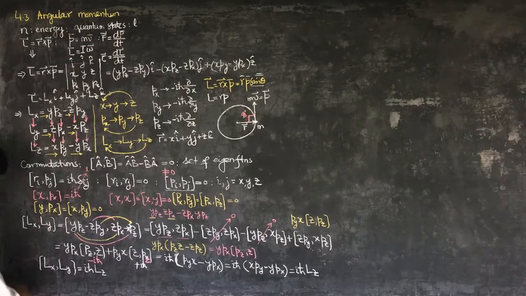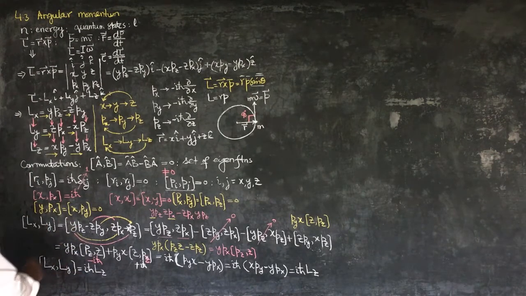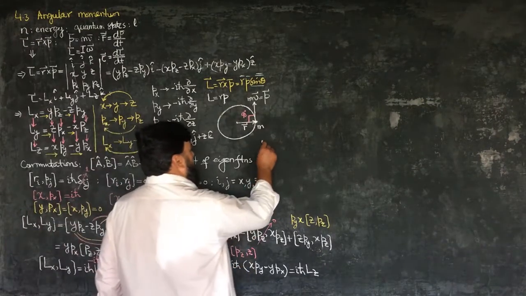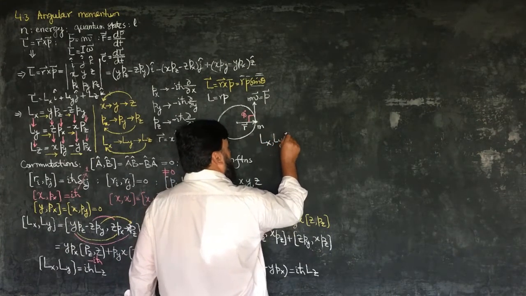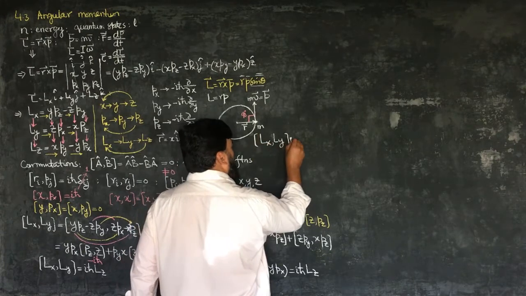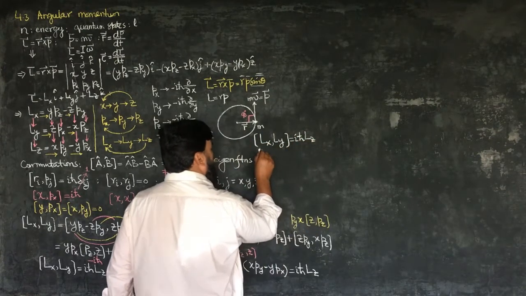So when here we have x, here we have y, here we will have z. This is also that cyclic order. So I can write that here the lx ly commutation will be equal to ih bar and lz.